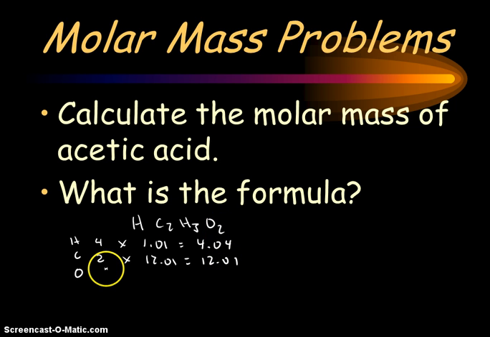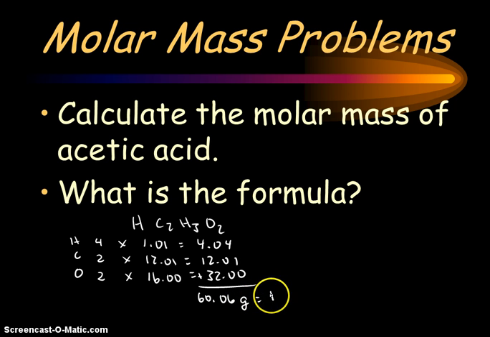And we've got 2 oxygens, and we'll multiply that by 16.00. That'll give us 32.00. To find the molar mass, then, we're going to add these numbers together. So we'll get 60.06 grams for every 1 mole for acetic acid.